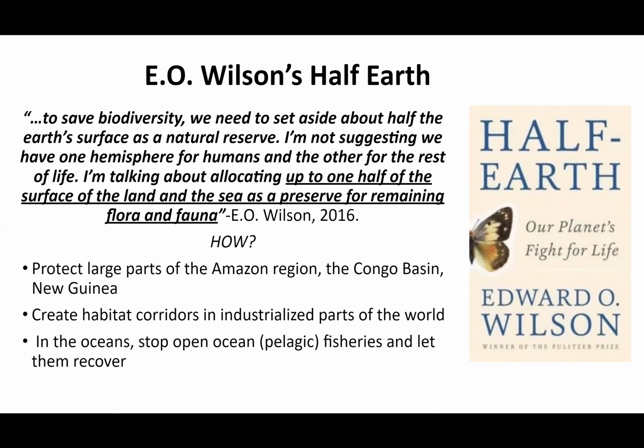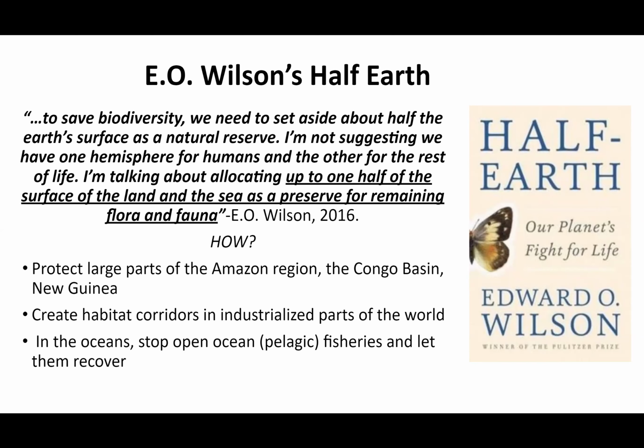And how can we do this? Well, the reality is it's just protecting some pretty key areas, right? The Amazon basin, the Congo basin, New Guinea and its islands, right? These biodiversity hotspots, creating habitat corridors in industrialized parts of the world to prevent habitat fragmentation from being such a huge issue, and potentially doing things like protecting large parts of the ocean, putting moratoriums on fishing industries that are destructive, such as shark fisheries.